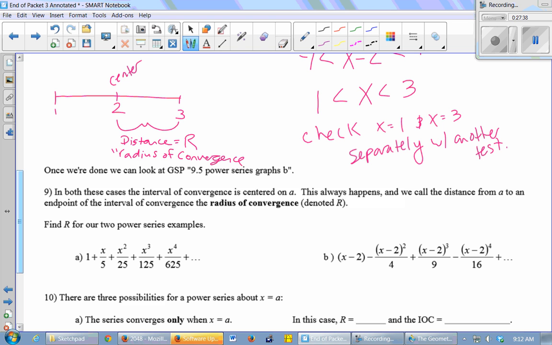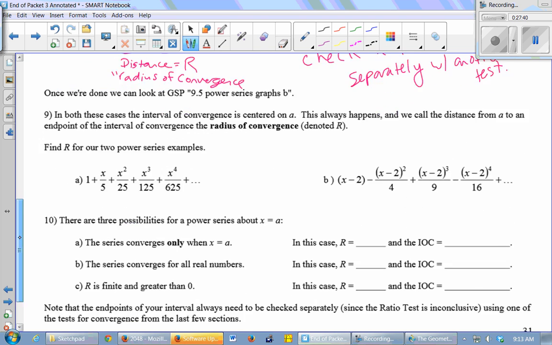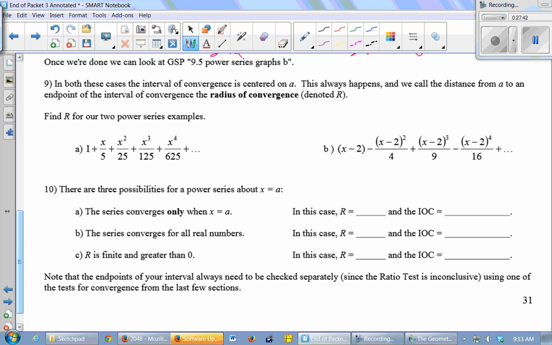For the power series that we've done so far, the interval of convergence for this one was -5 to 5, which means that my radius of convergence is 5, because this is centered at 0. In this case, my interval was 1 to 3, which means my radius of convergence is 1. Centered at 2, radius of 1.